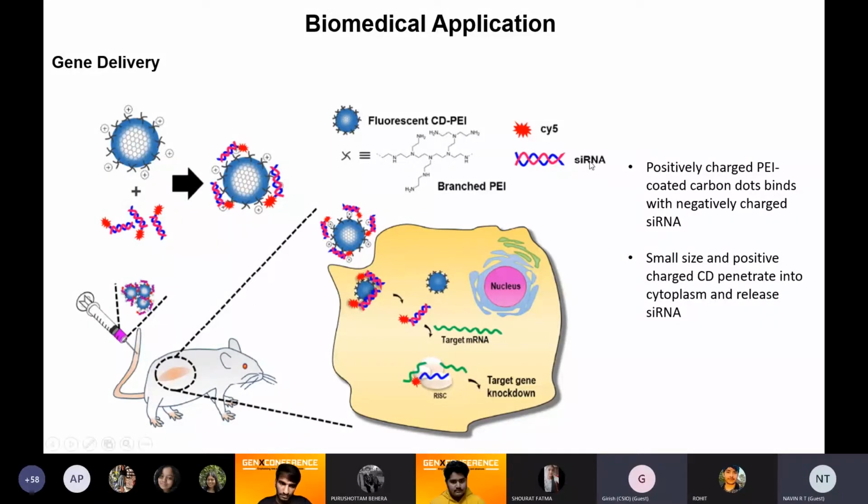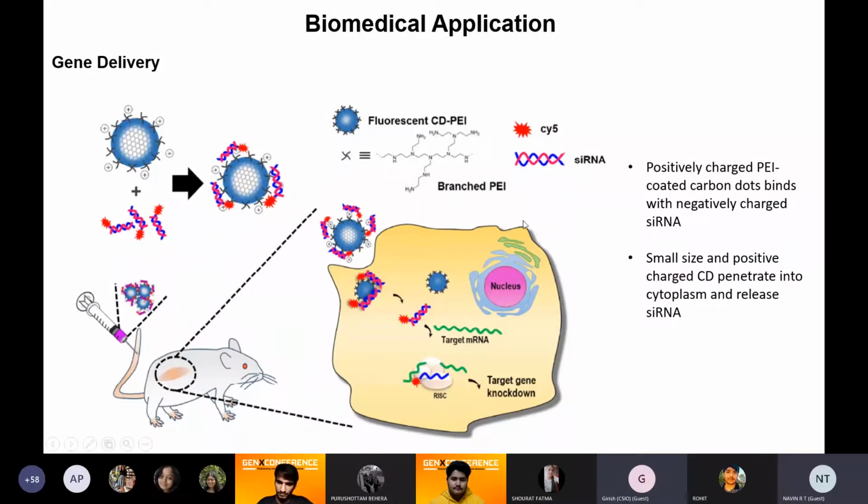Because of the negatively charged backbone of this DNA or RNA, this carbon dot, which is covered with PEI, can easily conjugate with it electrostatically. It can conjugate with it, translocate into the cell, and release the siRNA there because of the pH difference. Because the carbon dot surface is very polar, functional groups are there, so any variation in the pH will cause reversal of these electrostatic interactions.